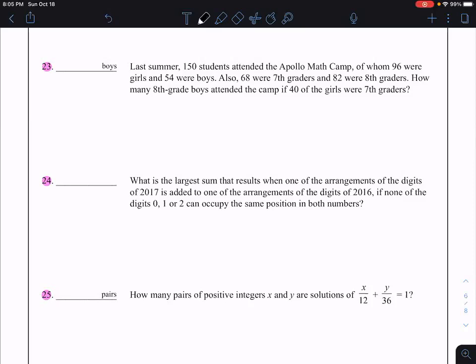So if 40 of the girls are 7th graders, then that means there are 68 minus 40, or 28 7th grade boys. And if there are 28 7th grade boys, then that means there are 54 minus 28, or 26 8th grade boys. And that is your answer.